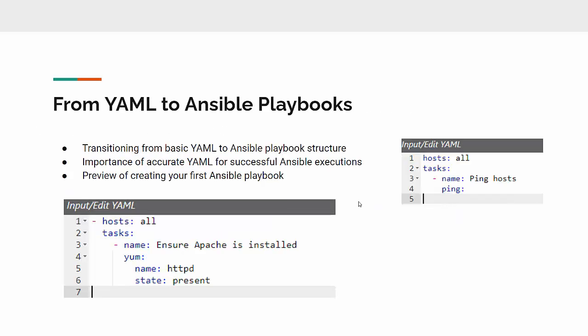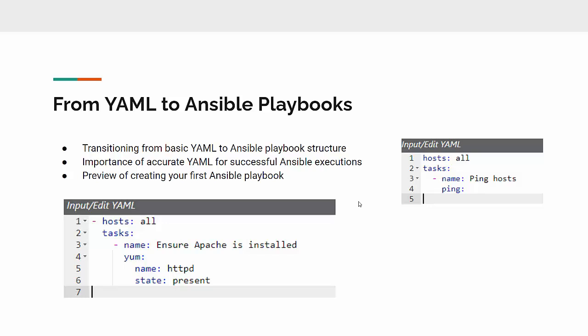Armed with a solid understanding of YAML, including how to write it correctly and fix common errors, we are now ready to apply this knowledge directly to Ansible. Let's see how everything we have learned about YAML translates into creating effective Ansible playbooks. Translating our YAML knowledge to Ansible playbooks, we see how the syntax and the structures we have learned form the foundation of Ansible's automation capabilities.